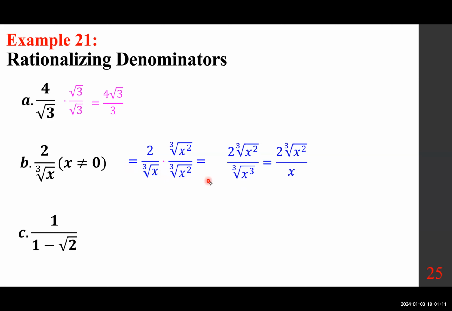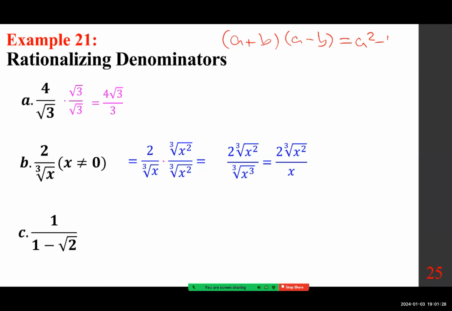Finally, on a case like this, when the denominator has two terms, two pieces, you multiply by its conjugate. Again, I remind you the concept of a conjugate. A plus b, the conjugate is a minus b, their product is a squared minus b squared. So we're going to multiply and divide by the conjugate of the denominator, namely 1 plus square root of 2.